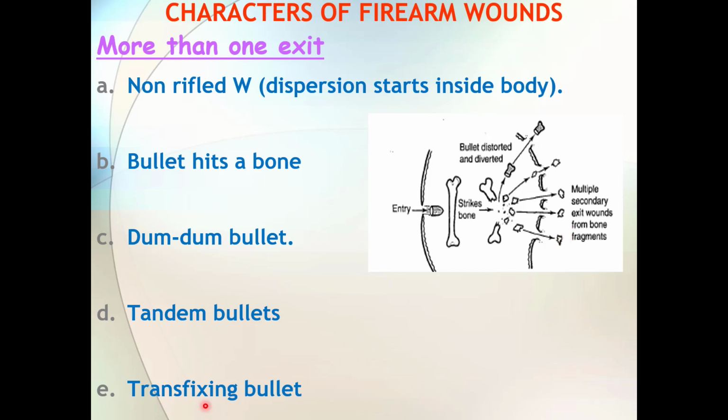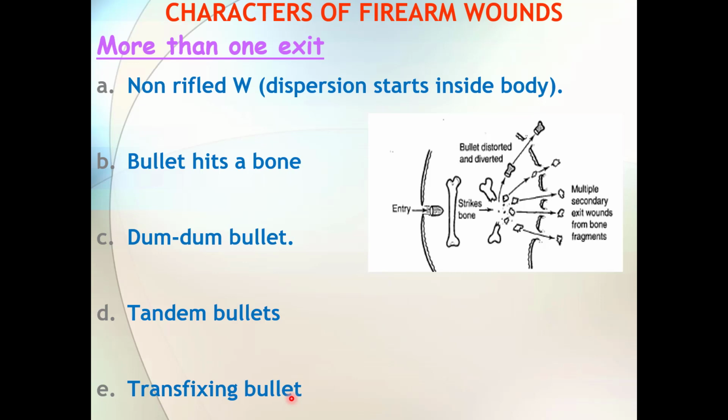Also, in a transfixing bullet, if the bullet hits many parts, it leads to fragmentation of this part. It will lead to many inlets and many exits. If the bullet passes to a limb, then exits, then passes to the other limb in the same body, it leads to more than one inlet and more than one exit.